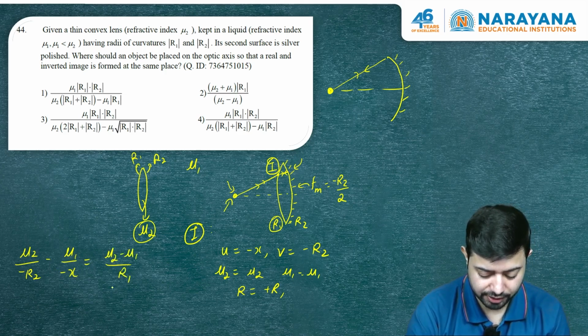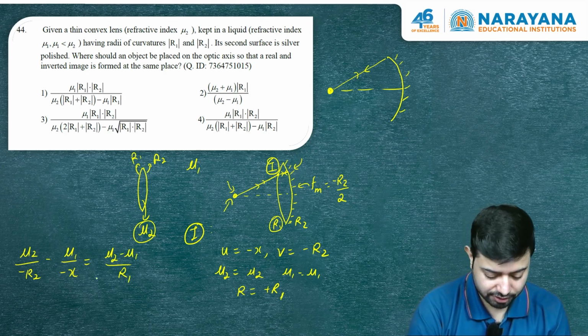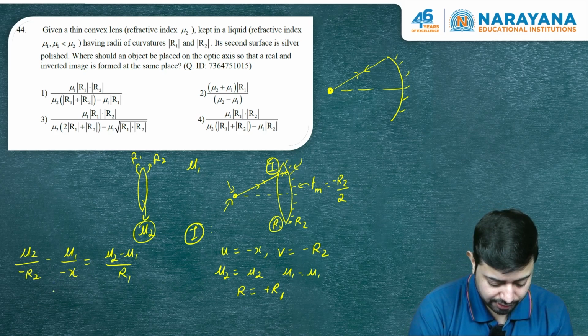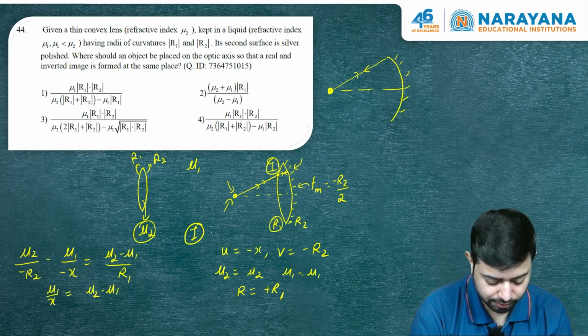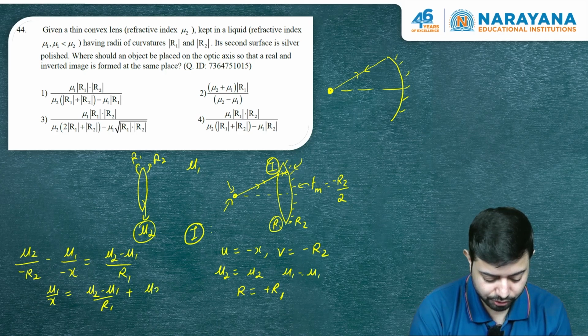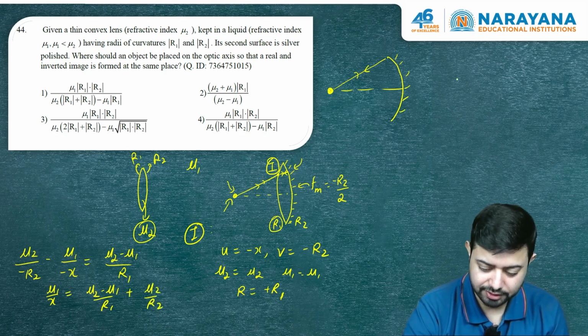R is R1, okay. Now, let us solve it to find the value of x over here. So, this way we can say mu 1 by x is nothing but mu 2 minus mu 1 by R1 plus mu 2 by R2. Take the LCM, right.